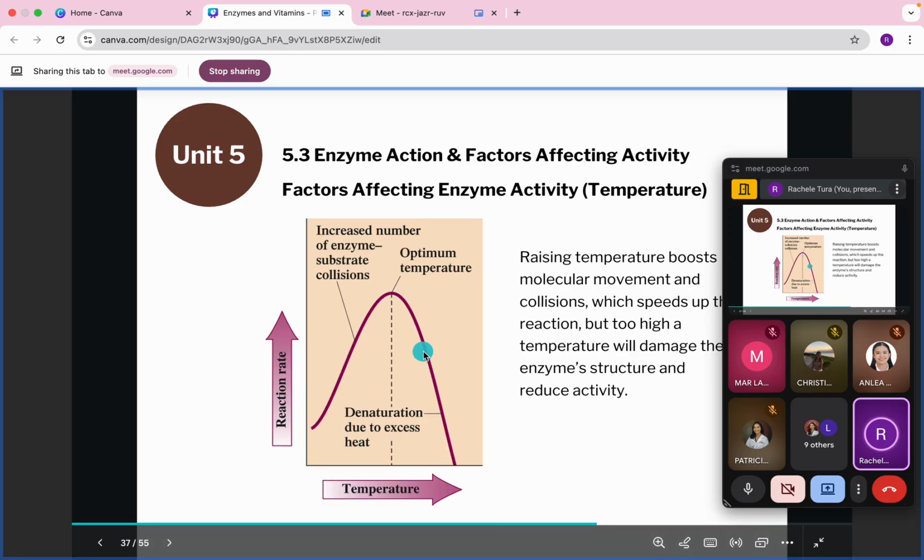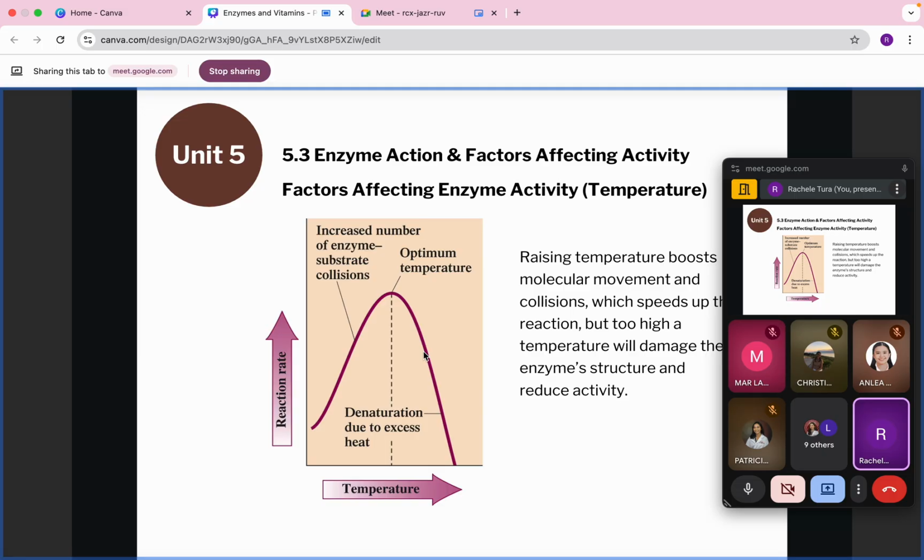If it goes beyond the optimum temperature, the enzyme structure can start to unfold or change shape. When that happens, the active site, where the reaction actually takes place, will no longer fit the substrate properly. Since there is a change in shape, there's unfolding, and the enzyme stops working well.